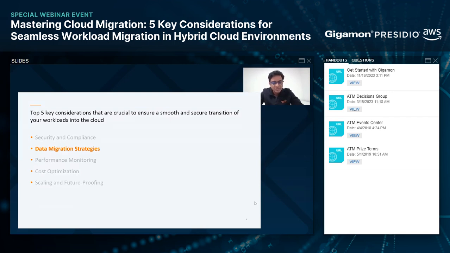So what we've done to that extent is, if a customer is using New Relic on-prem or Dynatrace on-prem, we've worked on the corresponding integration in cloud. The customers are already familiar with these tooling ecosystems on-prem, and they will easily transition over to cloud using the same ecosystem of tools.